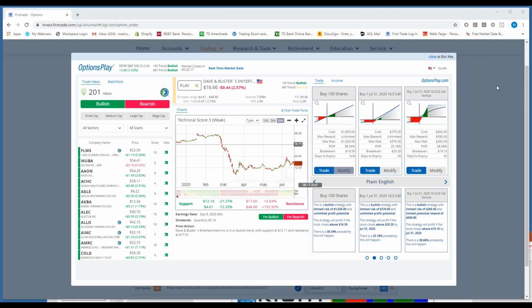And we know our theta is going to be excellent. So it really comes down to a matter of, do you want to risk more on the call, or do you want to take a more conservative position by buying the spread? That's all. You know that your delta is the same, so you're going to make about the same amount of money. So it's really six of one, half a dozen of the other.